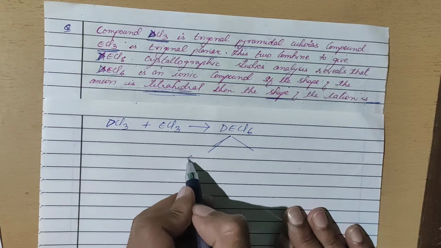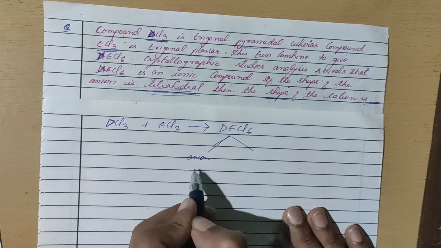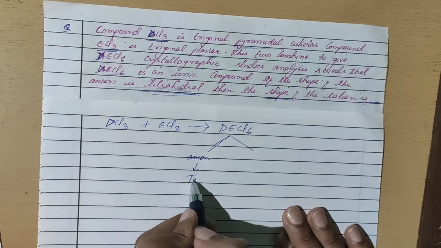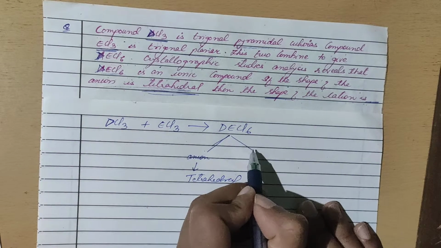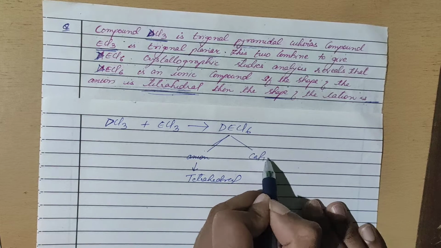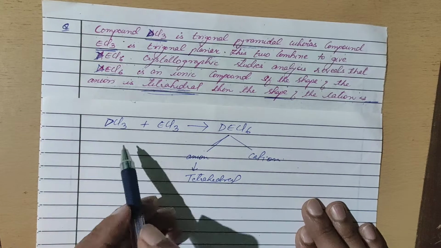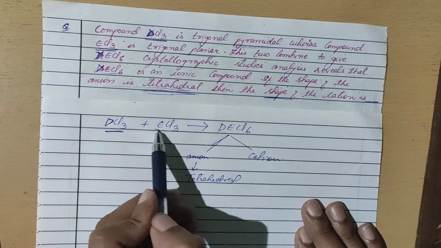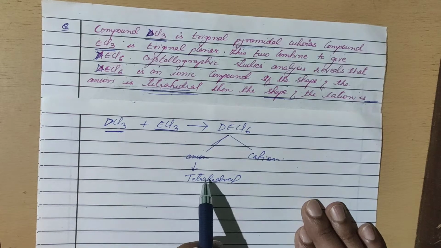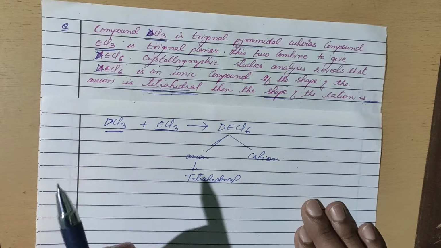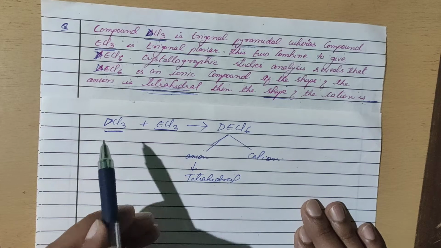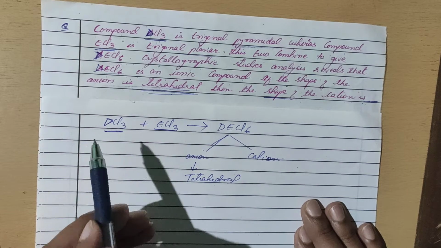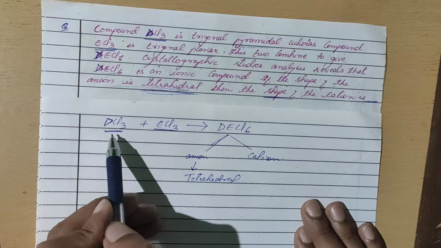The anion is of tetrahedral geometry, and we have to find the shape of the cation. Now, to form a tetrahedral geometry, the central atom should have 4 bonds, and it should not have any lone pair.